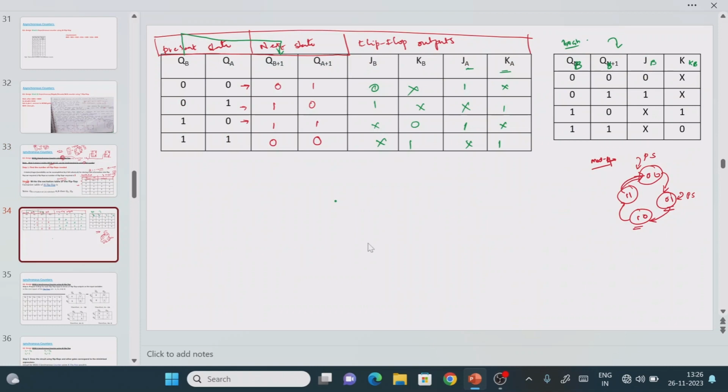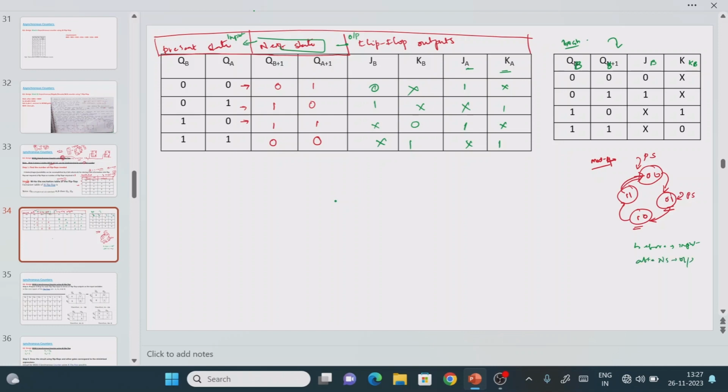Now see that, just one more point to remember here: we have the next state values, right? Before the next states we call them the inputs, and after the next state we call them the output values.